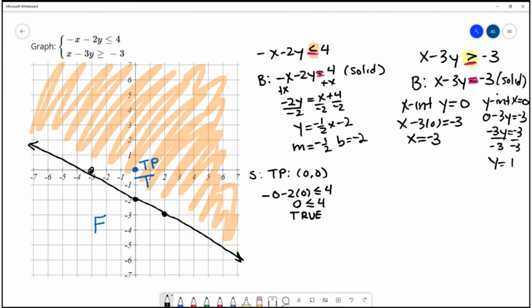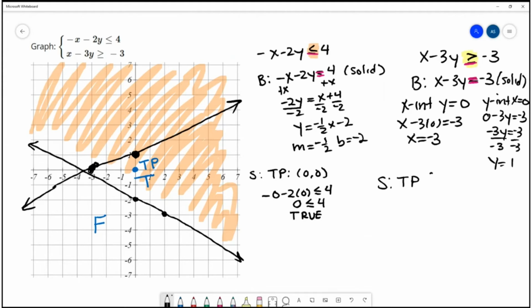I'm going to plot my x-intercept of negative 3, my y-intercept of, should be a positive 1, and we're going to connect those 2 points with a straight line. Once we've done the boundary line, then we figure out the shading. We're going to choose a test point, and we can choose any test point that's not on the line.